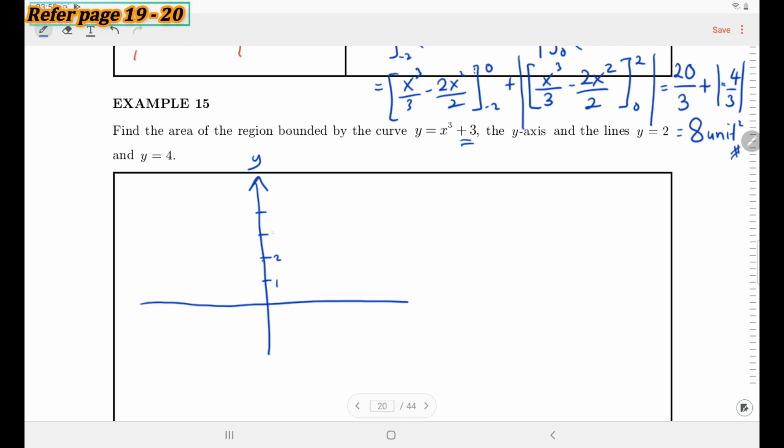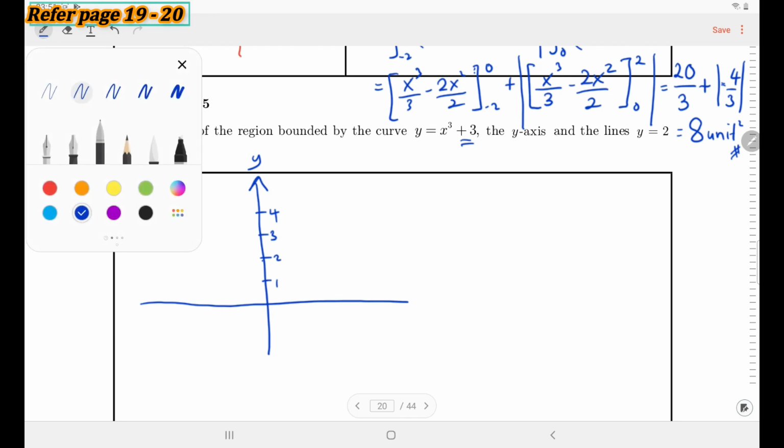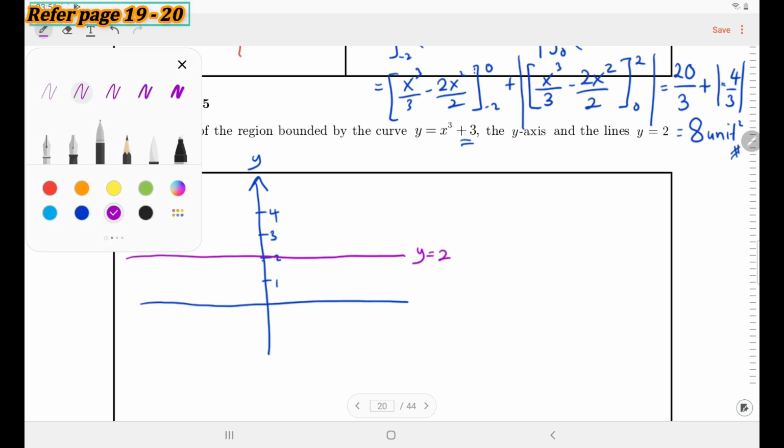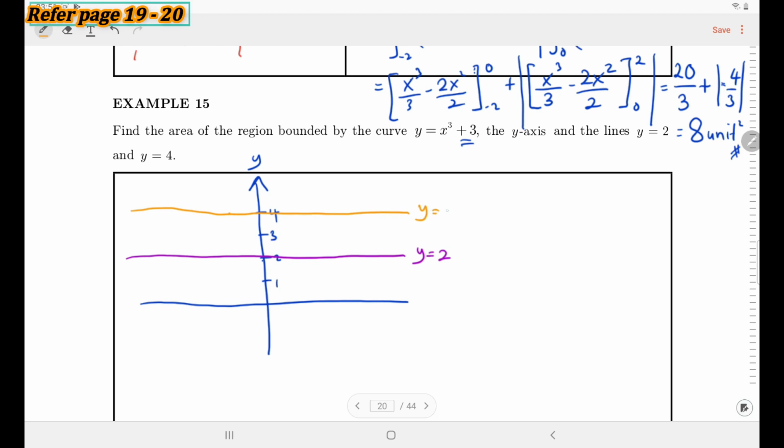The lines y equals 2 and y equals 4, I use a different color. So here is y equals 2, and for y equals 4, I choose orange. Here is y equals 4.